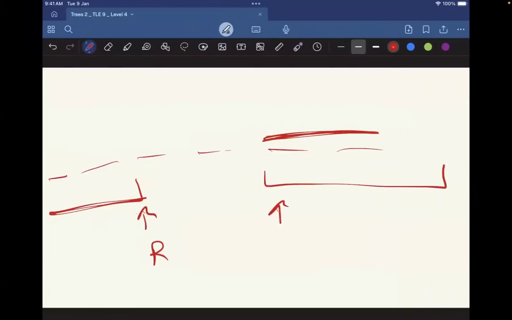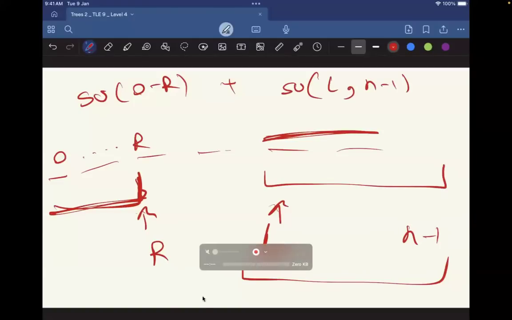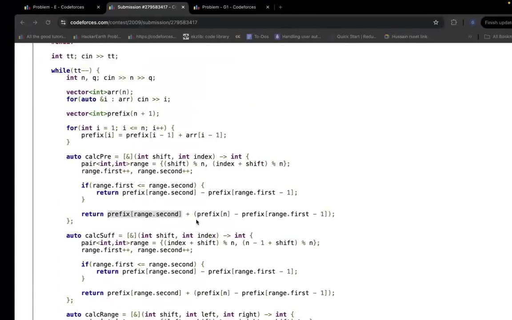I want all elements in 0, 1, and so on up to R. I want this entire range. And if this is L, I want the sum from L to N minus 1. So this is basically sum from 0 to R plus sum of L to N minus 1. Yes or no, guys? Tell me. Yes. So that is all that I'm doing.